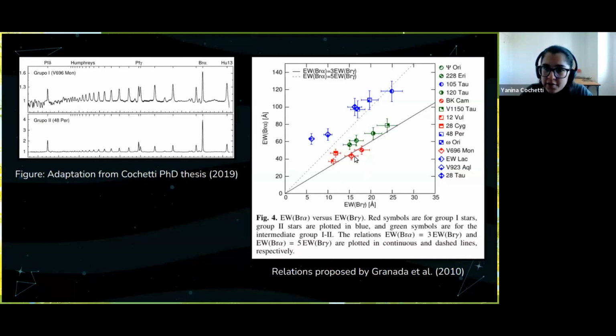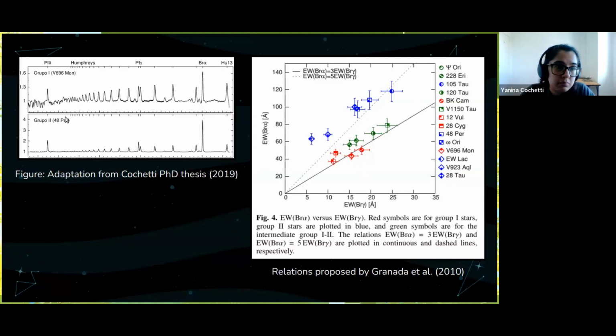The red symbols that I put here are those stars that, if you see the spectra and you use Lenorzer's criteria, you put in group 1. And they show that this relation is over the line that Granada mentioned before. The blue ones are those that are in group 2.